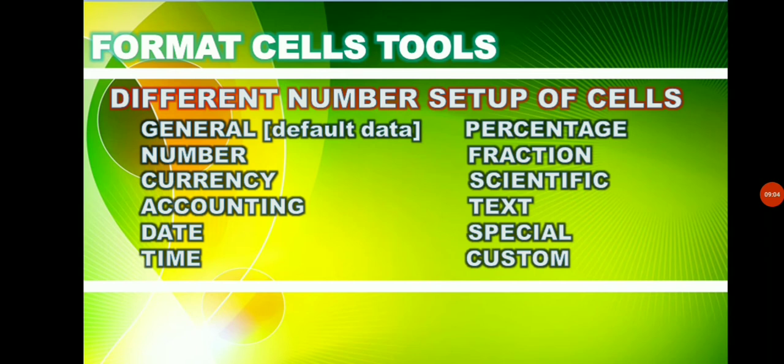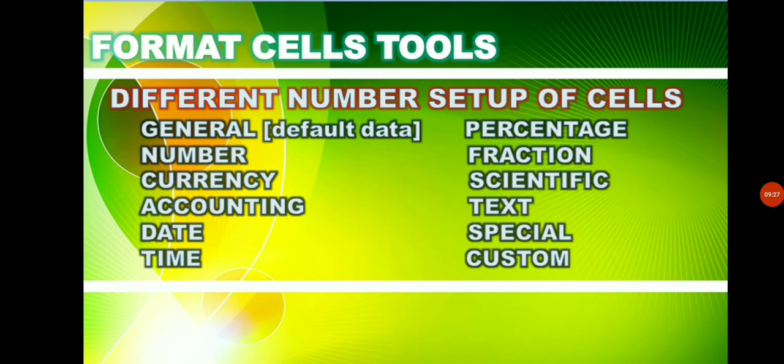Next is Format Cells tools. There are options to customize an Excel workbook to make it easier to format and work on, by number category. Excel has a variety of number layouts to choose from.